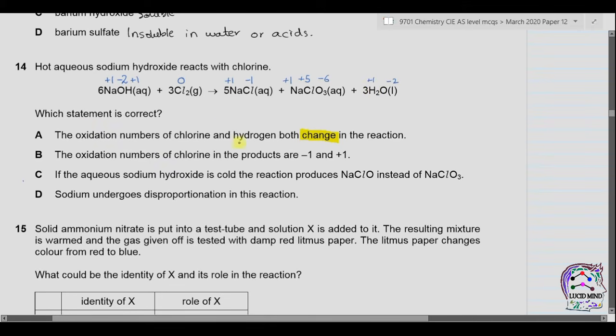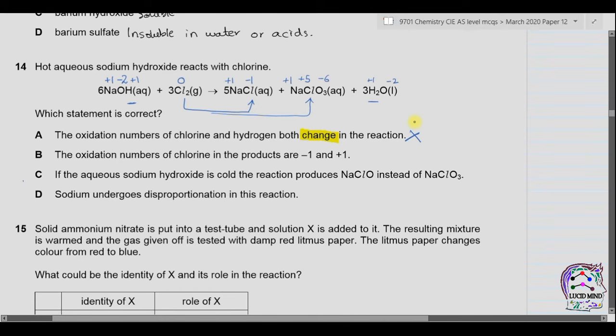We see chlorine changes from 0 to -1 and 0 to +5. While the oxidation state of hydrogen is +1 on the reactant side and +1 on the product side. So hydrogen does not change, only the oxidation number of chlorine is changing. So A is incorrect.